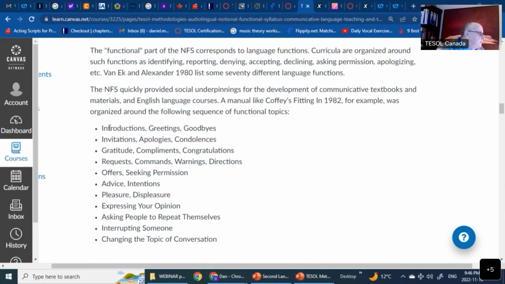You can see how in each of these short lists of 2 or 3 items, the function is similar between them. And so the function became the organizing factor in the NFS methodology.